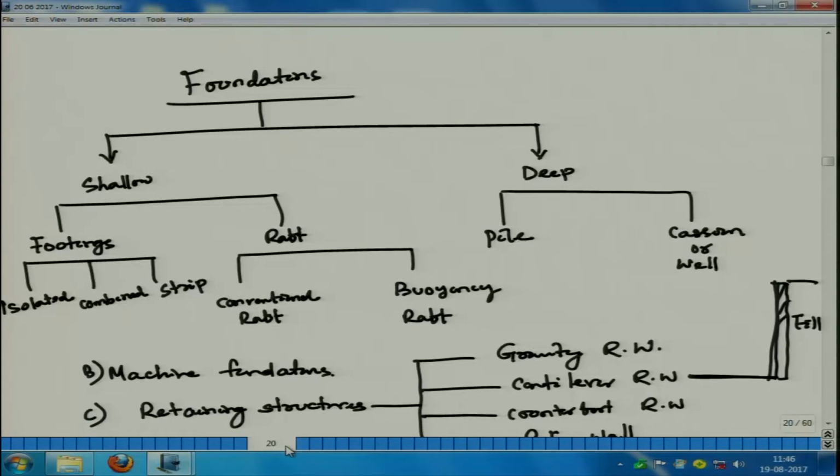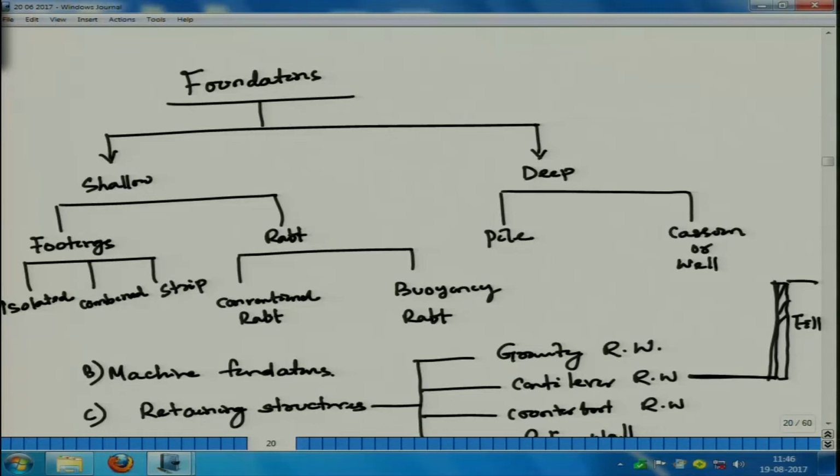Foundations, shallow and deep. I am repeating because I am going to start the design of these foundations now. Foundations are broadly of two types, shallow and deep. Shallow foundations are again footing and raft. Footing is again isolated, combined and strip. Raft is conventional raft and buoyancy raft.